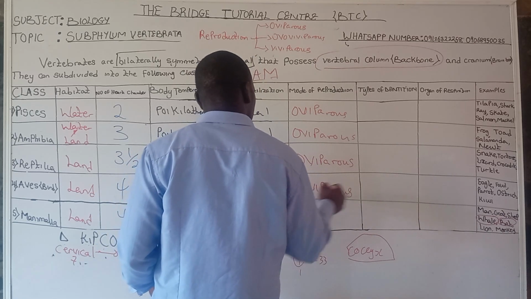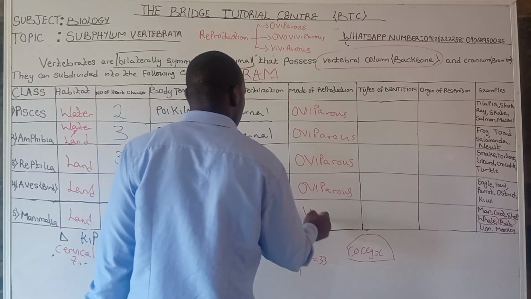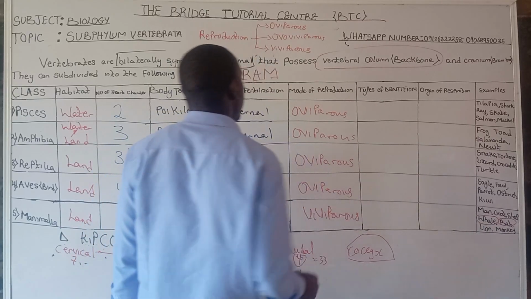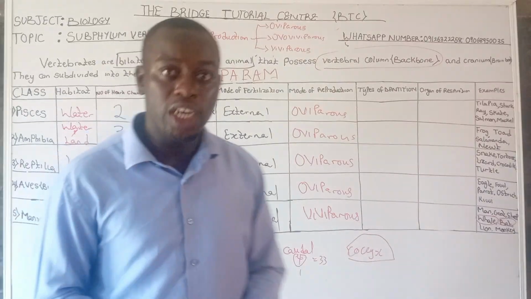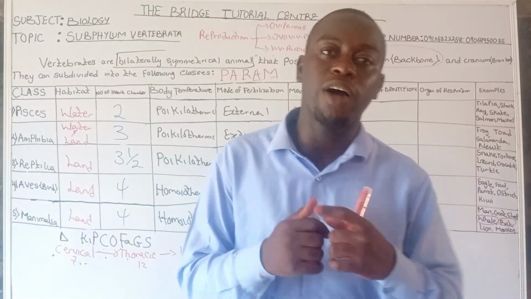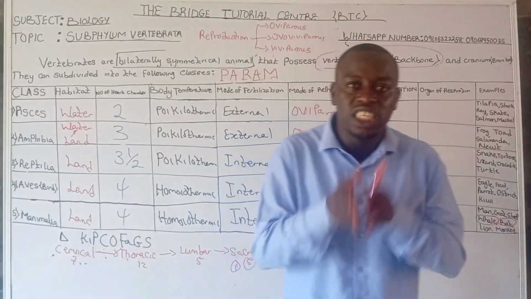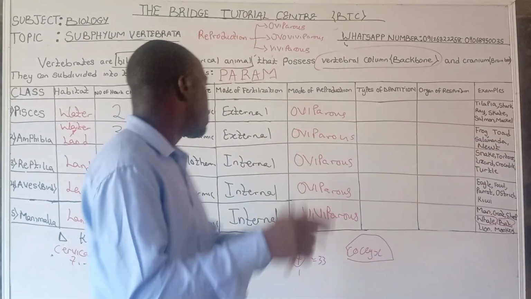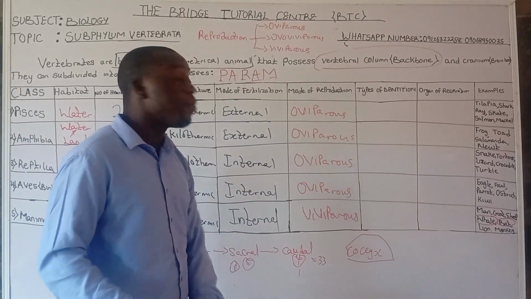And the last one, it's only the mammals that are viviparous. Please don't forget, all these things we are talking about have some exceptions, and we are going to discuss these exceptions later in this video. So please don't forget that. That's based on mode of reproduction.